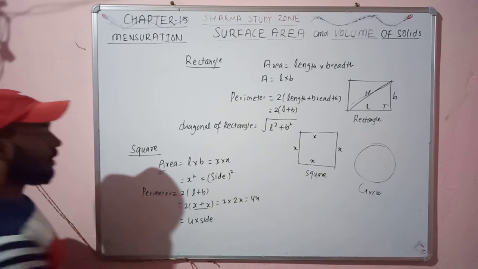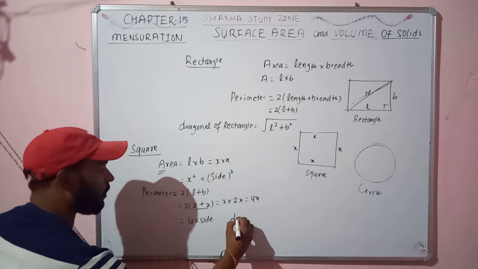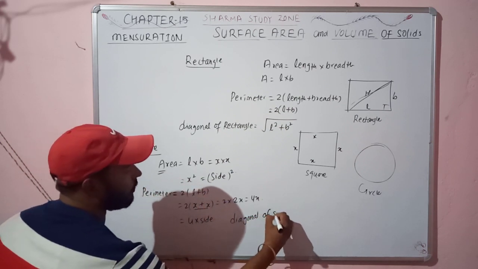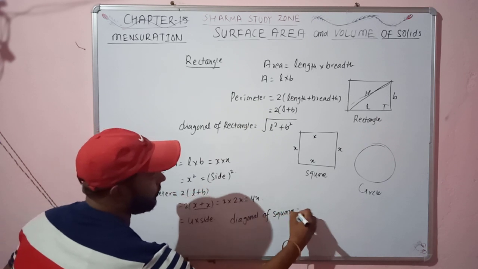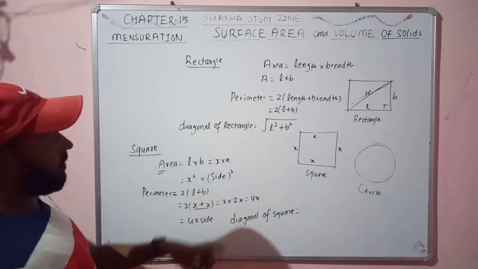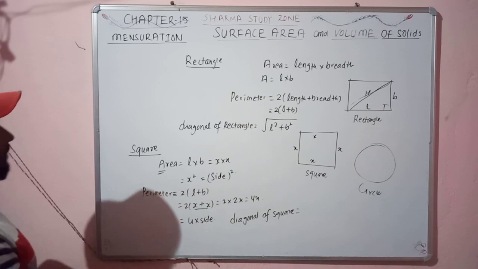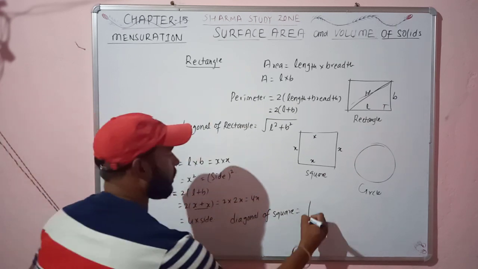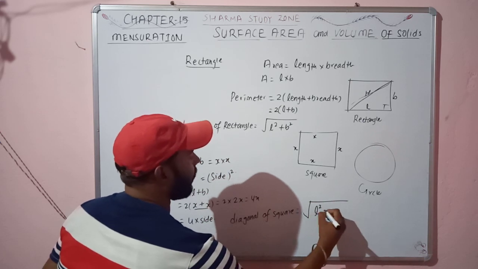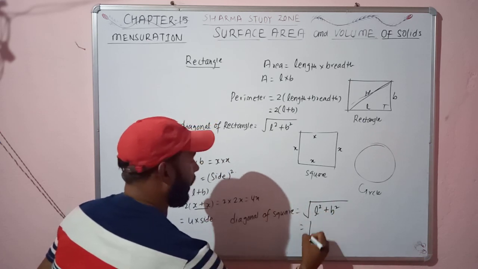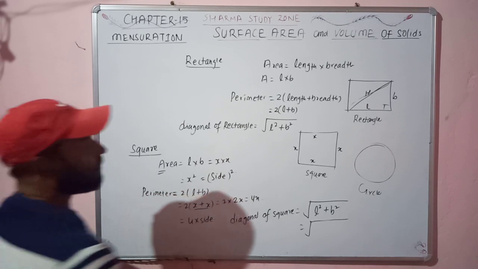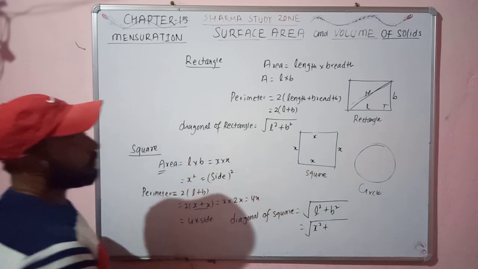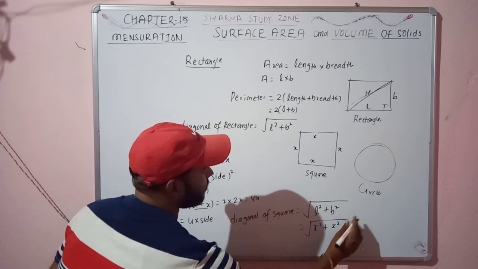But one more thing, which is the diagonal of a square. Again, we can find the diagonal of a square by using the formula of the diagonal for the rectangle. It was root over L square plus B square, and in the case of a square we have L equal to x, therefore it will become x square, and B is also equal to x, so it will become x square.